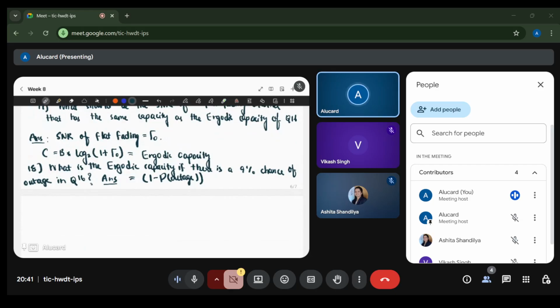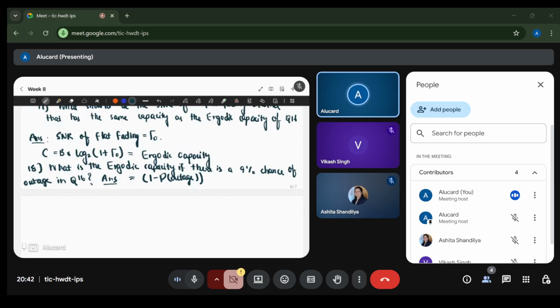So ergodic capacity is the average capacity with outage. Ergodic capacity was the average capacity when the fading was different. You could simply think of this as modifying this distribution by adding another alpha value which is 0 with probability P outage.